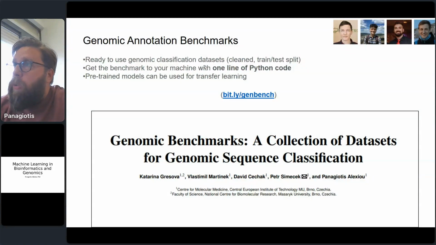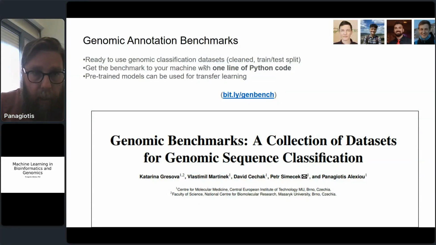Okay, so coming to the actual data set, we have not published this yet, but there's a preprint out. So you can go, if you want, and read that. There's not that much information in it, but the basic information is what is in the data set and our application of a very simple convolutional neural network that we use just as a baseline so that people have something to benchmark against.